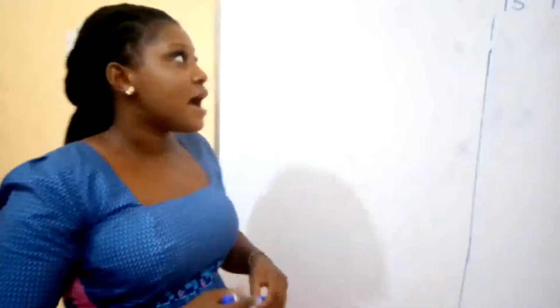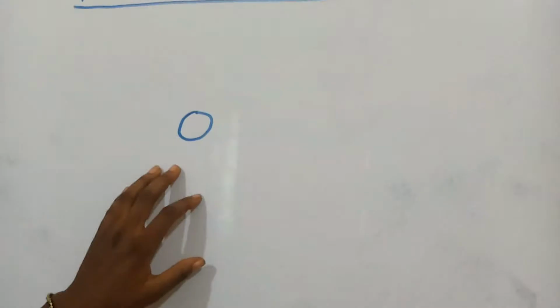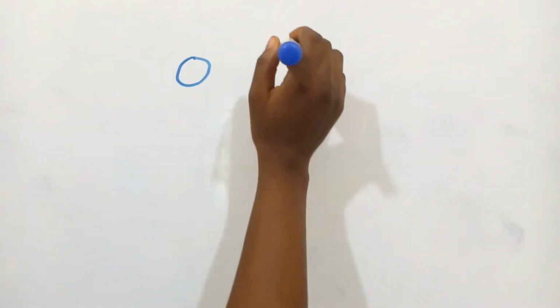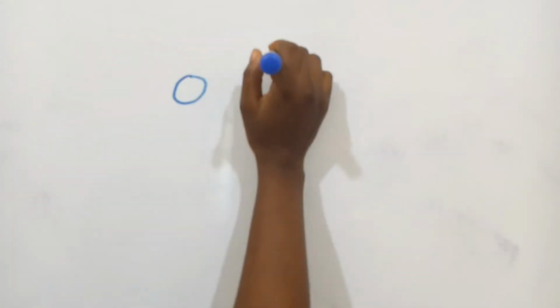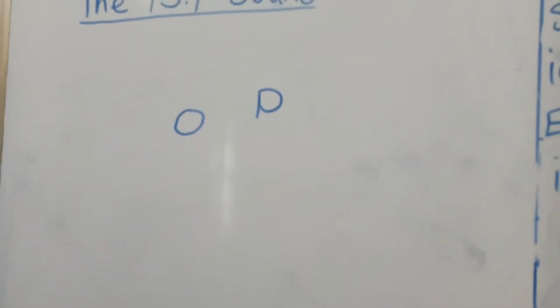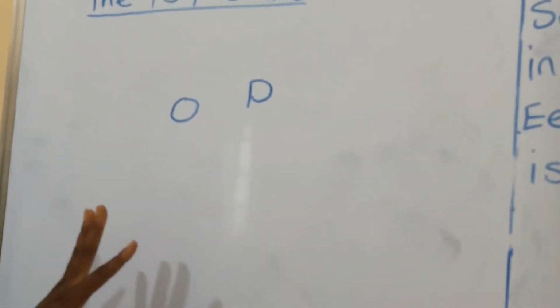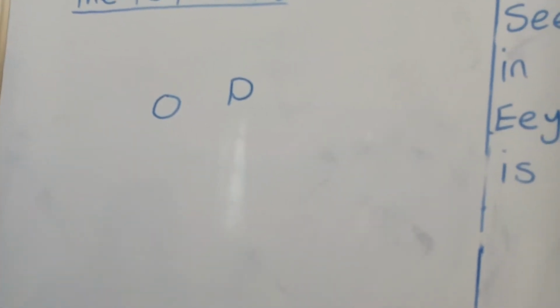Lovely. Last time we took this sound. What sound is this? That is the O sound. Remember, it was written like this, an A turned upside down. Okay, lovely. So we saw some words with that sound.